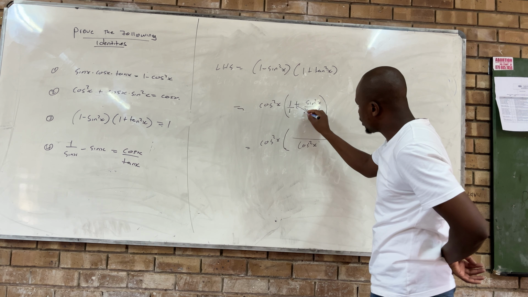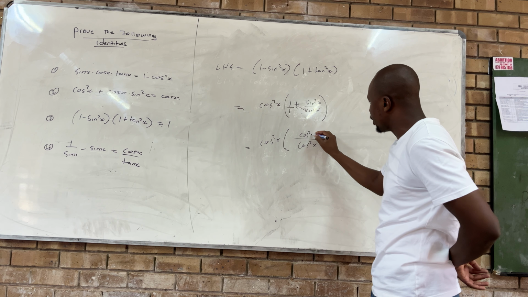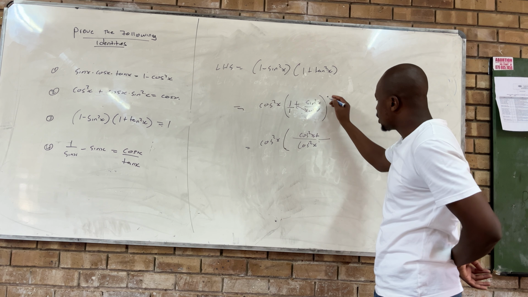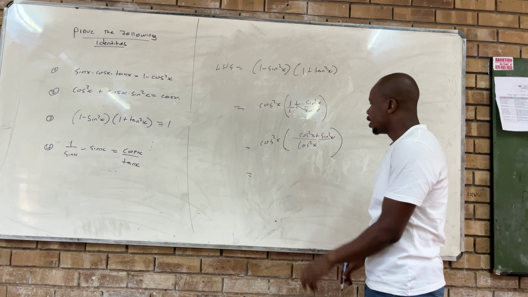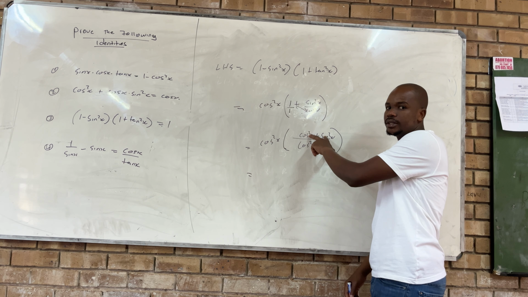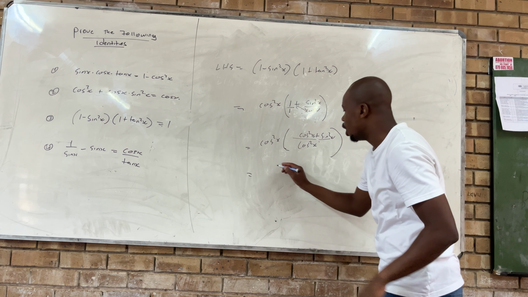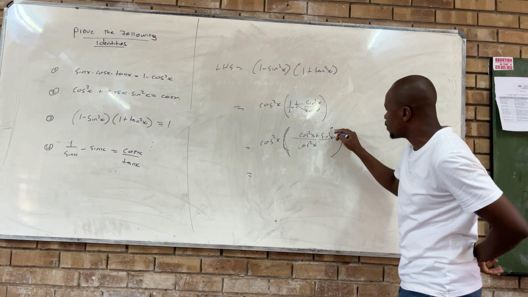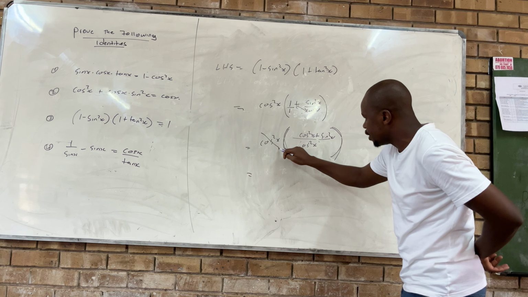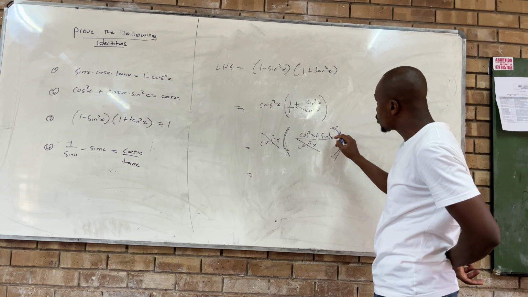And then you do the cross multiplication: 1 times cos squared x is cos squared x, plus 1 times sin squared is sin squared x, close bracket. From this part, the numerator is equal to 1, so you can cancel these two because we're talking about multiplication. You remain with cos squared x plus sin squared x.